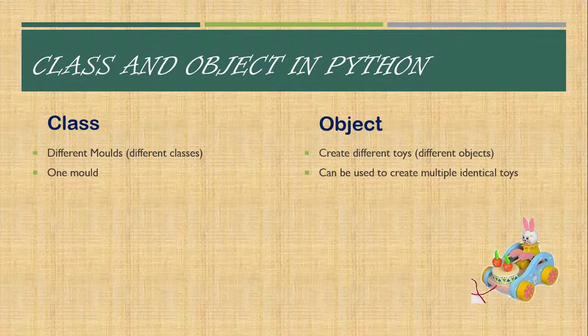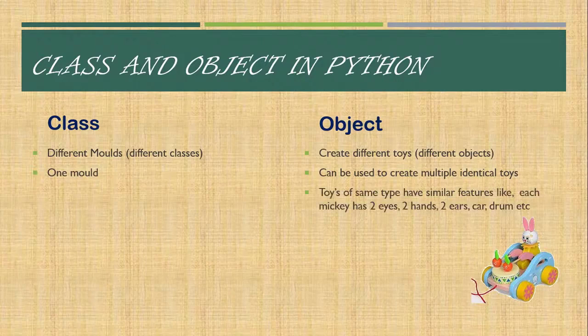In the same way, we can create different objects of the same type by instantiating different objects of a single class. Like if we instantiate an object of the student class several times, each time a new student-type object will be instantiated. Toys of the same type have similar features, like each Mickey has 2 eyes, 2 hands, 2 ears.